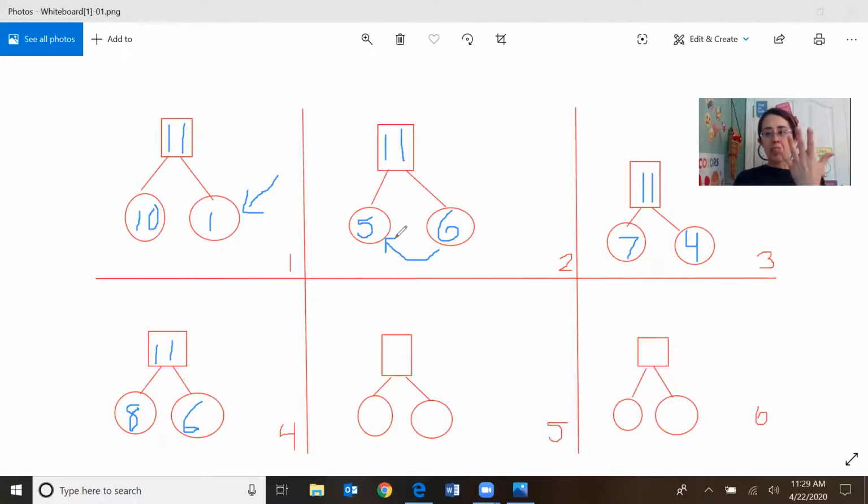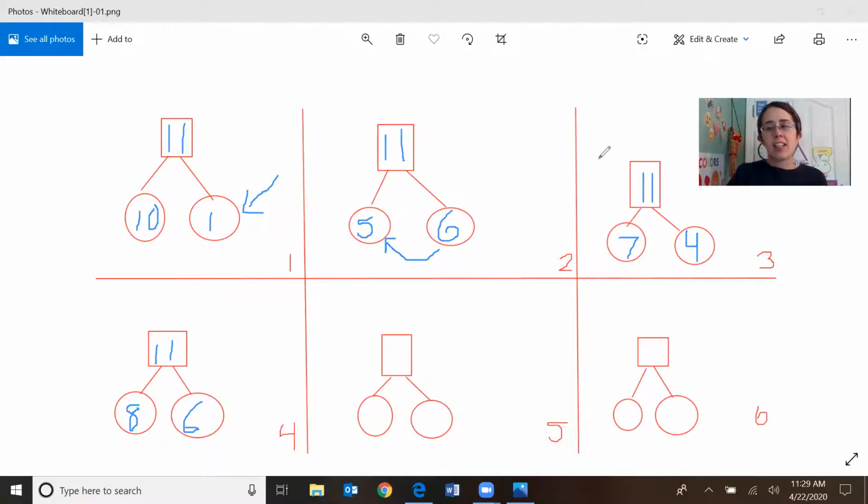So what comes after 6? 6 is the starting point, so we start counting on after we move off of 6. After 6 comes 7, 8, 9, 10, 11. Did it take me 5 jumps to get to 11? Yep. That one is correct.